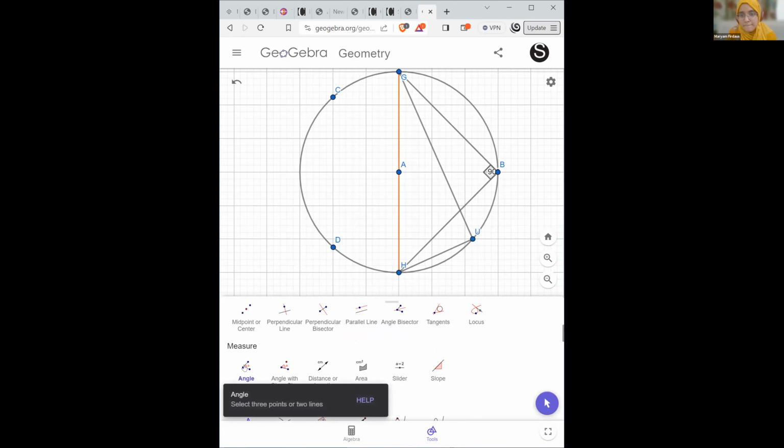No, it'll be 45 or something. Let's check. It is still 90 degrees. So what does this show? This shows that the diameter is always going to subtend an angle of 90 degrees no matter which point you take on the circle. Got it?